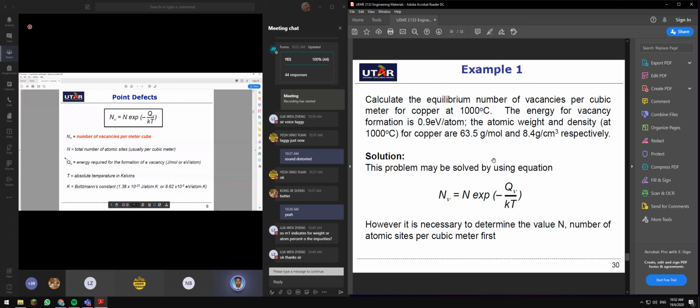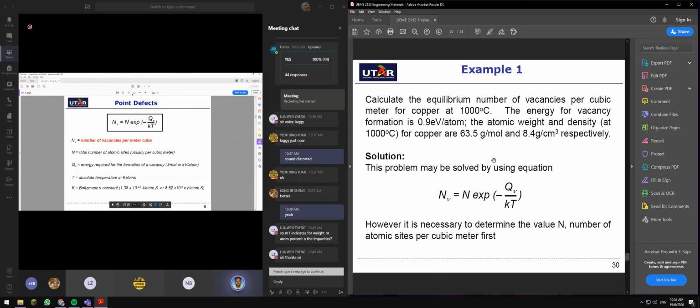If the given energy is in terms of eV per atom, you need to use the Boltzmann constant as 8.62 times 10 to the power of negative 5, based on the units. Please take note of these. This is for this and this is for this.